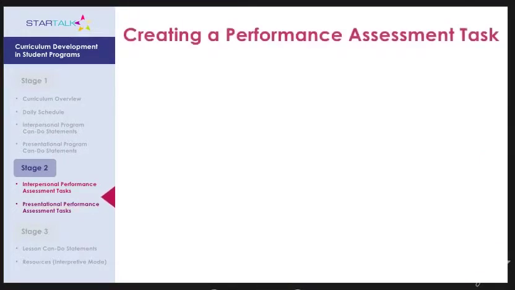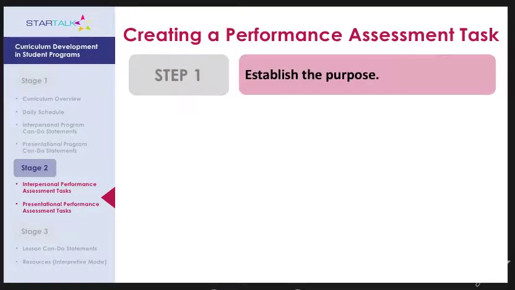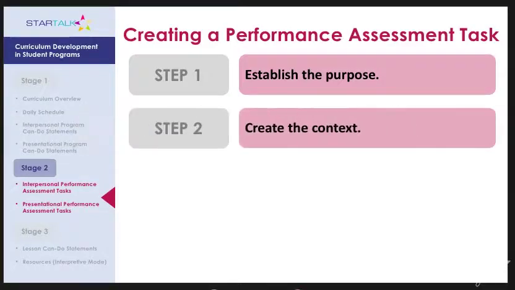When creating a performance assessment task, it can be easier to manage if 4 key steps are considered. Step 1, establishing the purpose. In fact, the purpose has already been created when the program can-do statement was written in Stage 1. A second step involves creating the context.